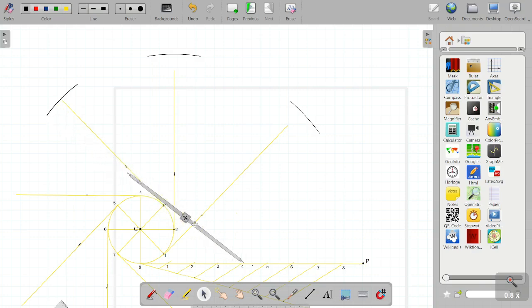Proceeding in a similar way, now we will go for point 4, measuring the distance from point 4 to point P, then keeping the compass at point 4 and cutting an arc on the tangent of point 4.